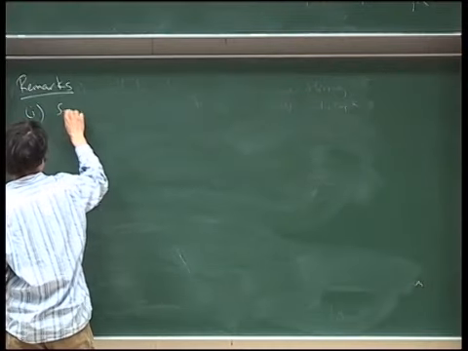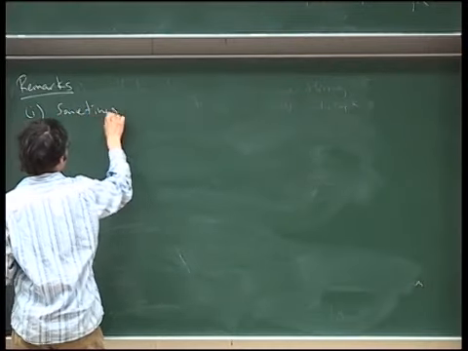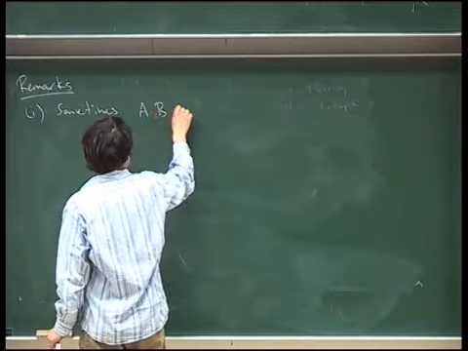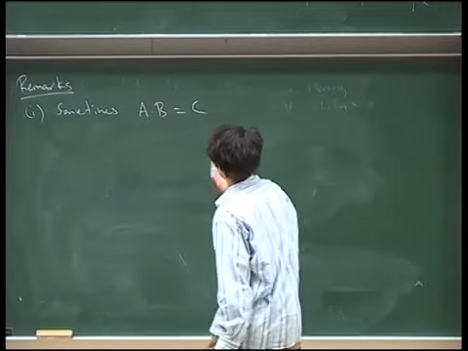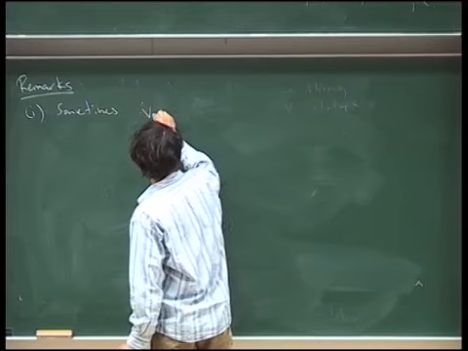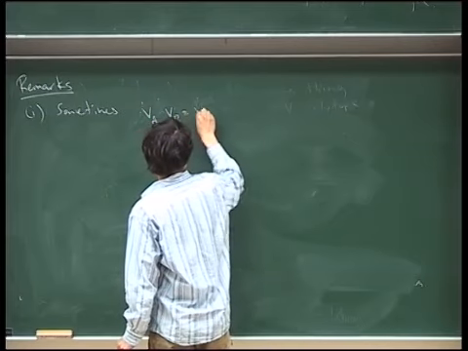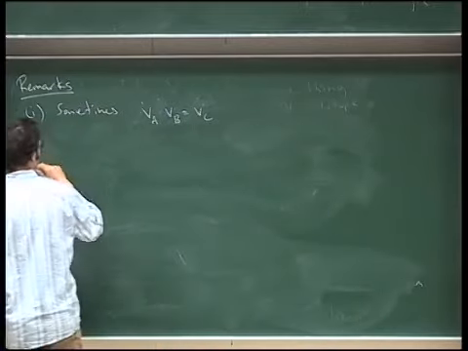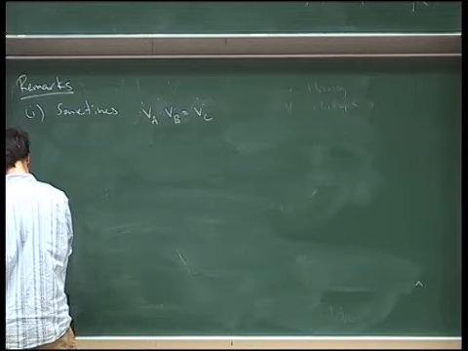So sometimes AB is equal to some vector. Sometimes VA times VB is outright equal to VC for some component C. In this case, what if and only if?